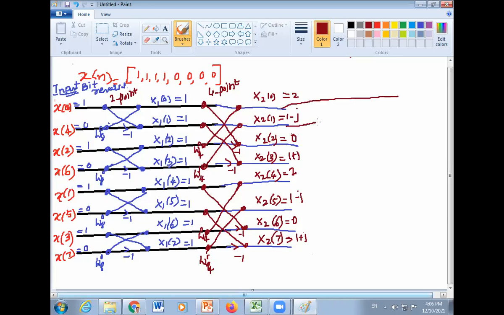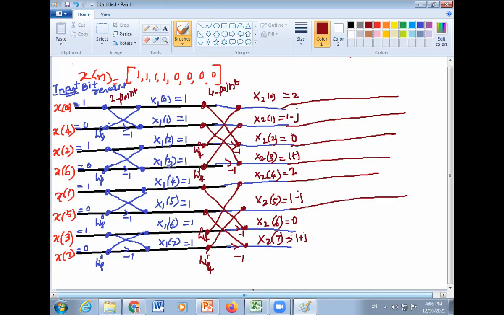Let us complete the diagram. Just extend the line like this. I will just complete this part. So here we have to extend this. Then finally we'll draw the diagram for this 8-point value.